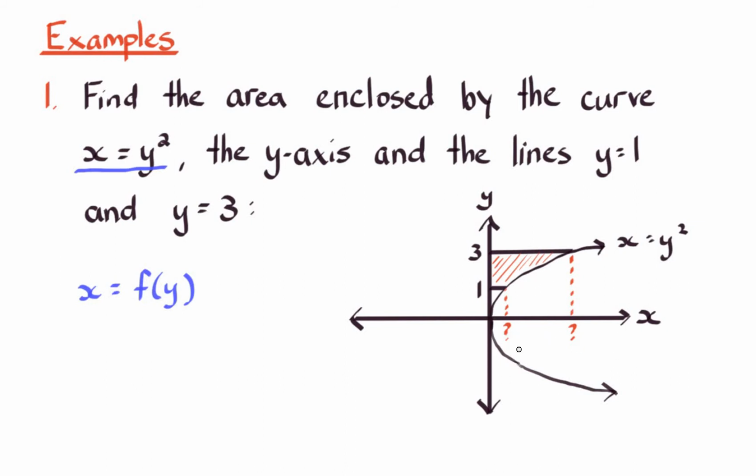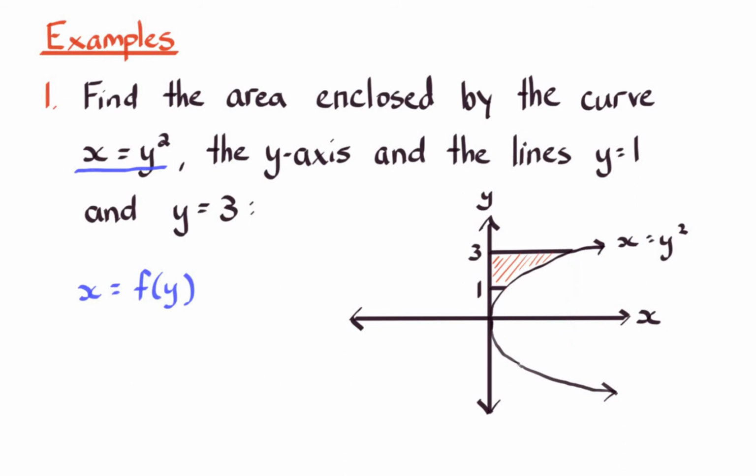So 1 squared gives us 1, and y equals 3, well, 3 squared gives us 9. And so while these values are not necessary for this question in particular, this idea of being able to find corresponding x and y values can come in handy for these types of problems.